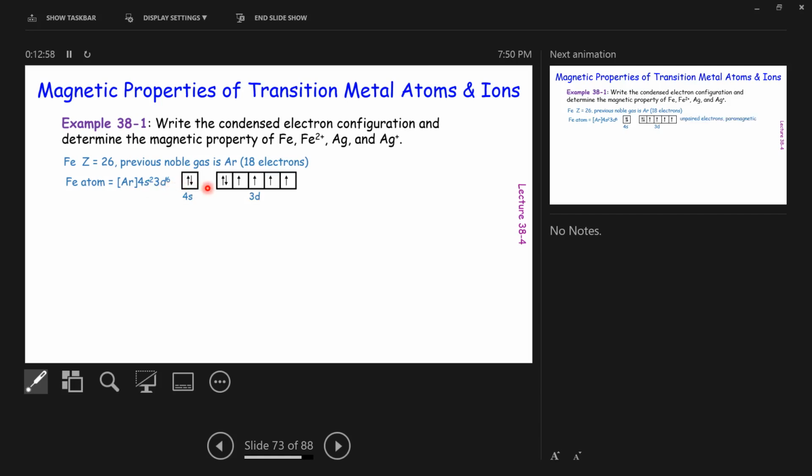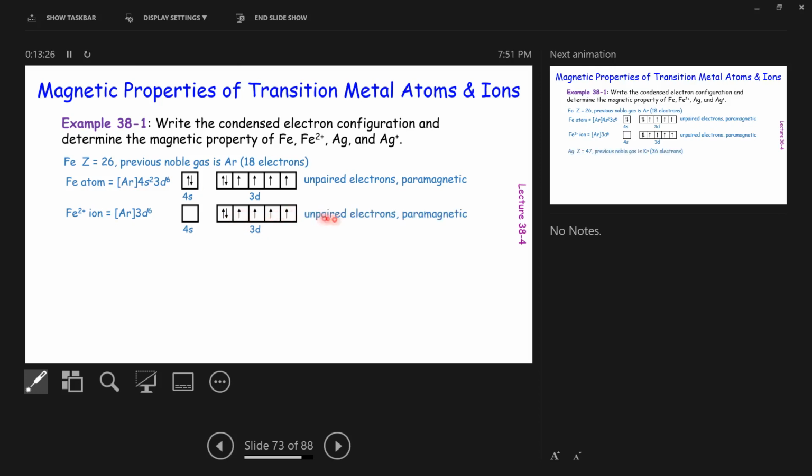That's wrong, remember? Because of Hund's rule, actually, we do have unpaired electrons. So therefore, iron atom should be paramagnetic. Iron 2 plus, losing the 2 4s electrons, there are still unpaired electrons. So therefore, it is still paramagnetic.